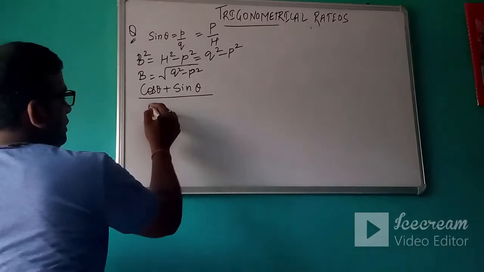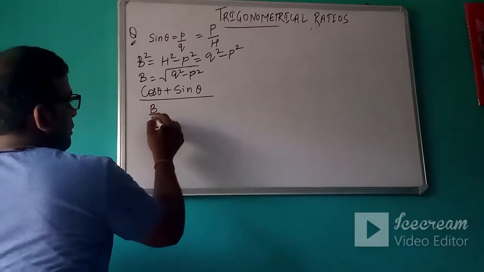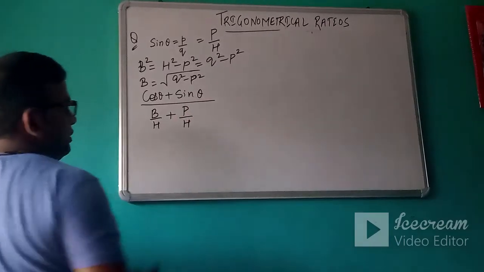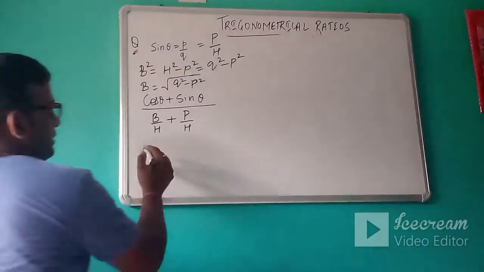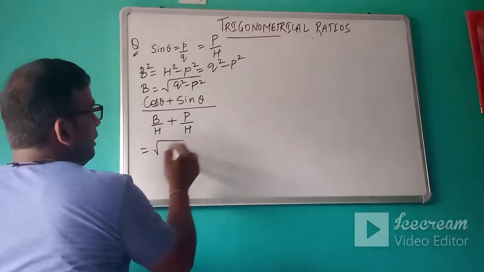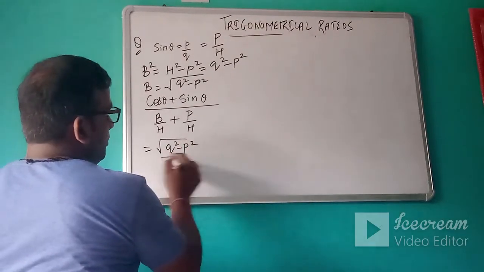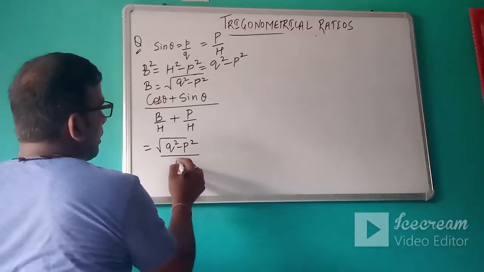So what is cos theta? B upon H. Sin theta? P upon H. Next we will put the values: under root Q square minus P square upon, what was your H?